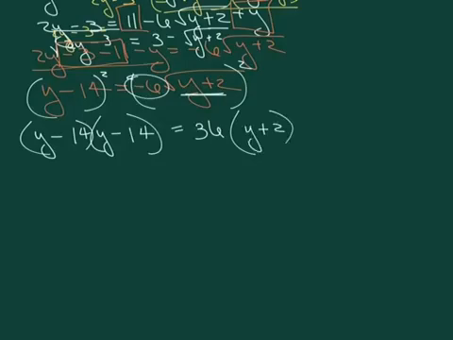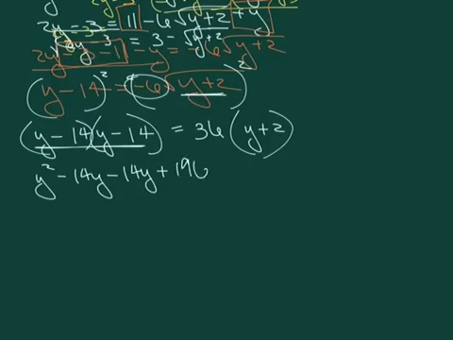Radical comes off of that because of the squared. Let's do the FOIL method. Distribute. All right, all the radicals are gone, so let's start moving everything together.